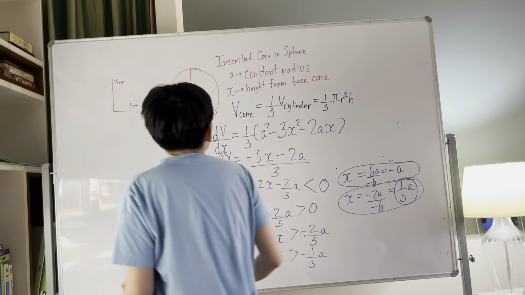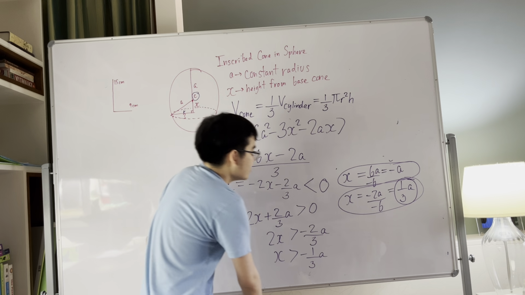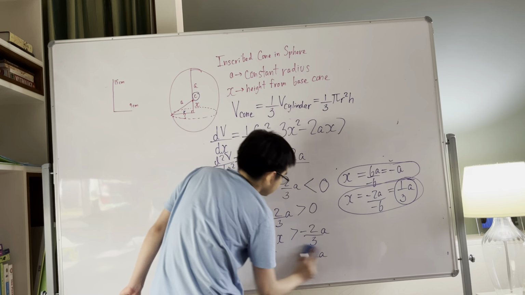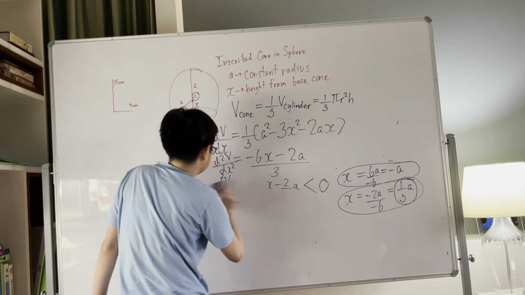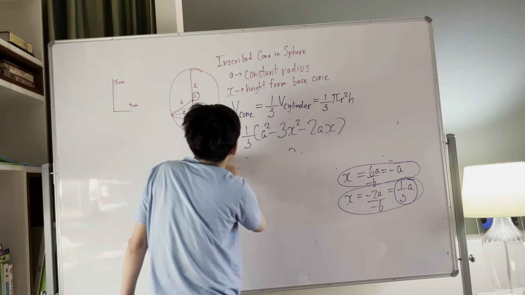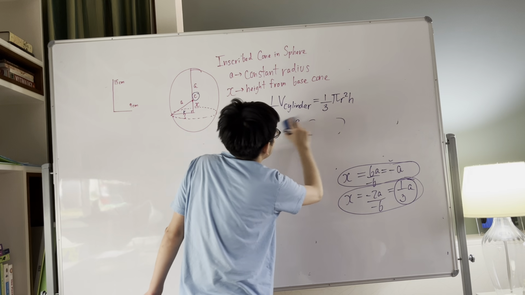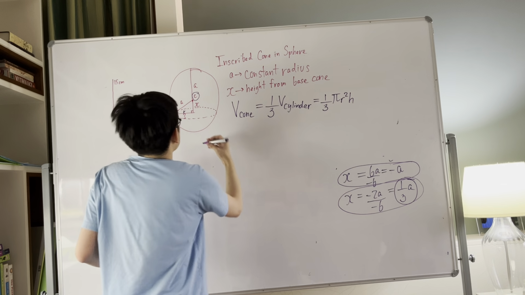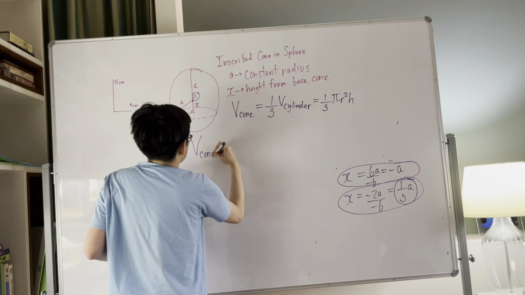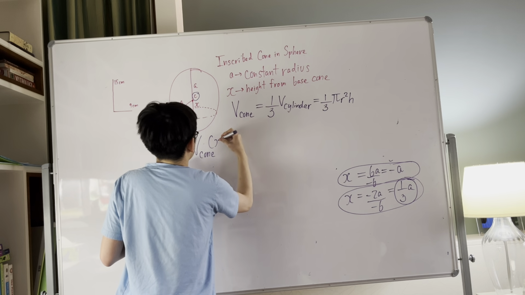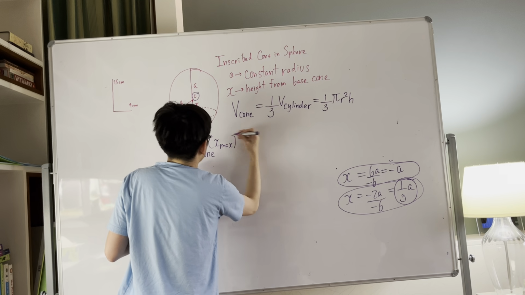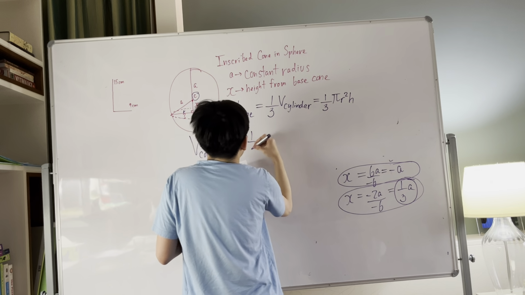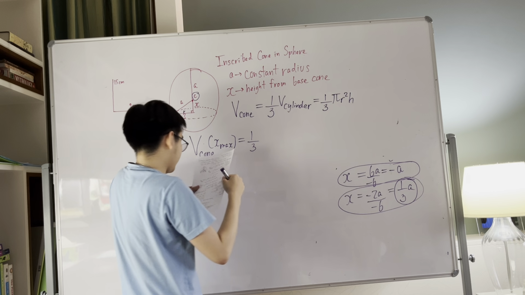So now all we have to do to solve this problem is take this and plug it into our volume function. The maximum volume of a cone under this constraint will therefore be 1/3. Okay, let's see.